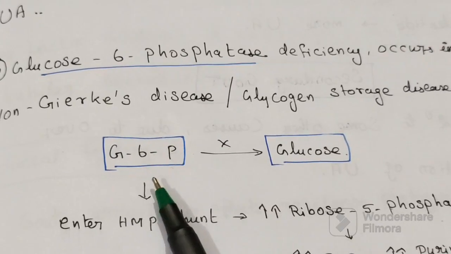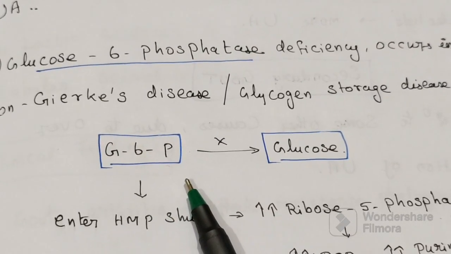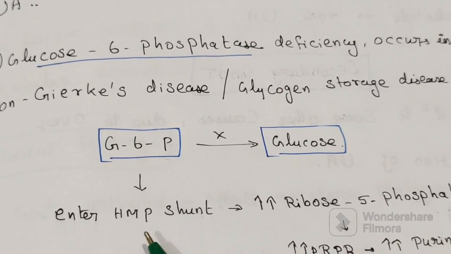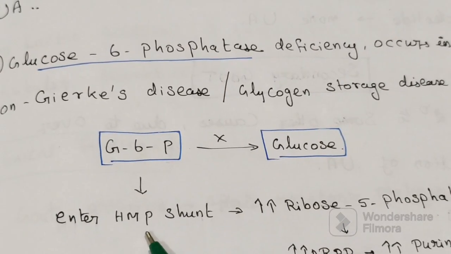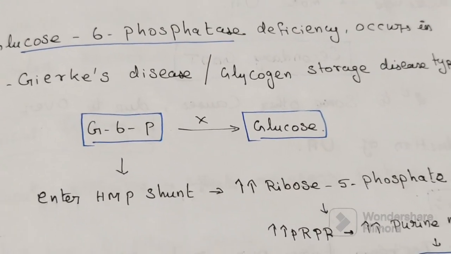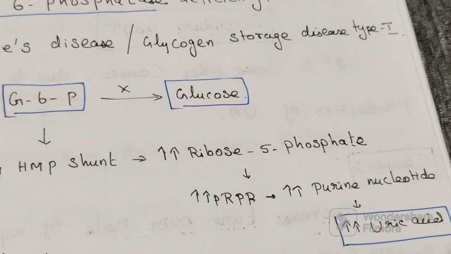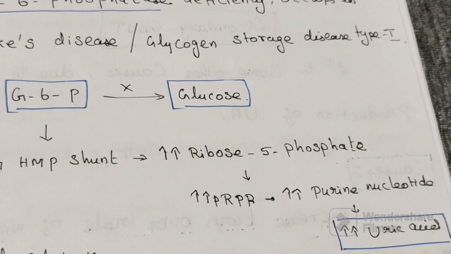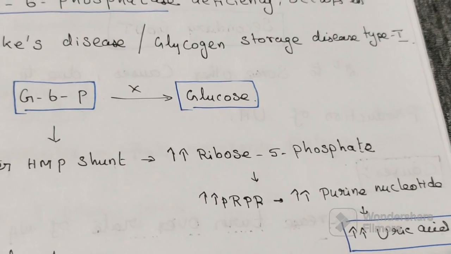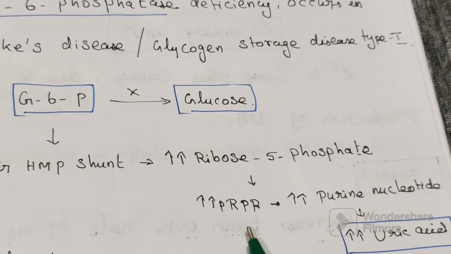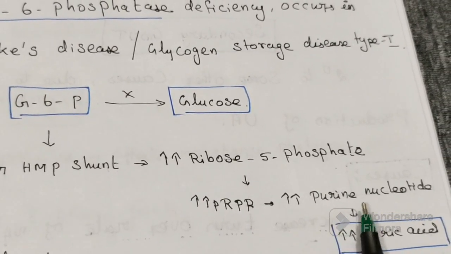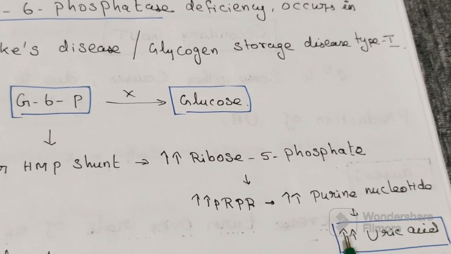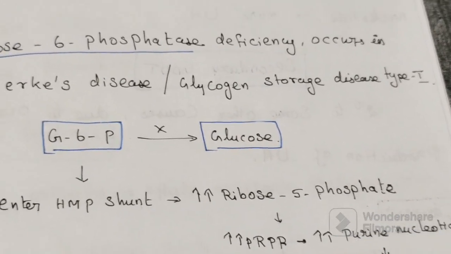So glucose 6 phosphate enters the HMP shunt or HMP pathway. So there is increased ribose 5 phosphate, so there is increased PRPP, so there is increased purine nucleotide, then increased uric acid.